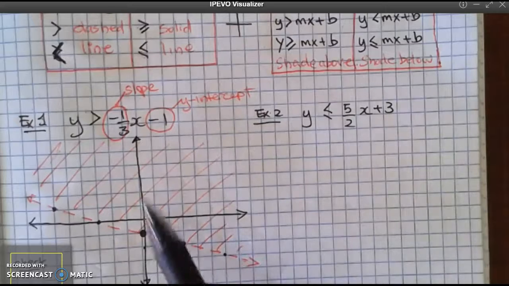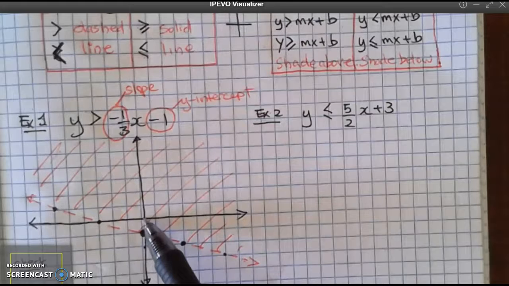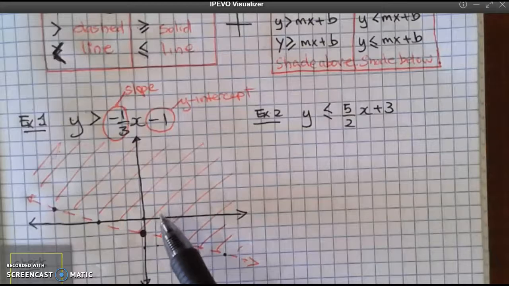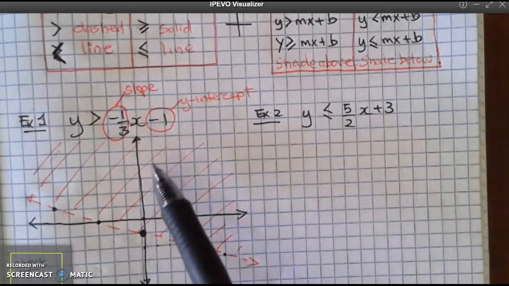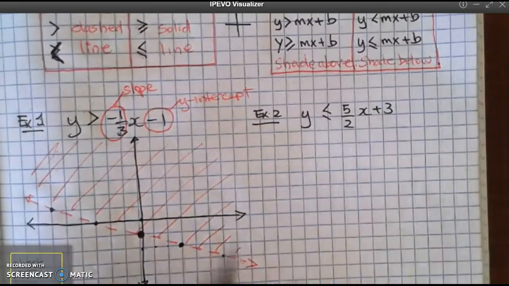According to this shading, the easy point will be 0, 0. That's just really easy to substitute in. So it's always a good idea to choose that if it is part of the solution. If it is not, then I might choose some other point. But since 0, 0 is part of the solution that I think it is, I am going to choose 0, 0.